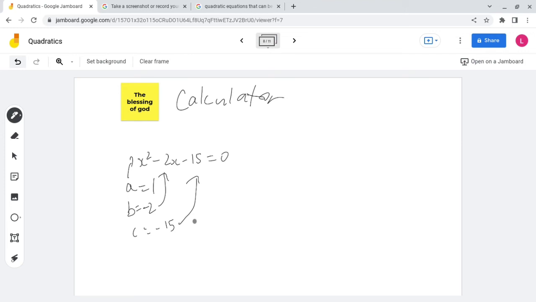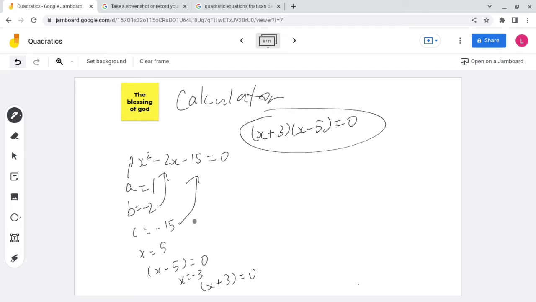Now, if you could do some reverse calculation, you'll realize that x equals 5, doesn't that mean that x minus 5 equals 0? And x equals negative 3, doesn't that mean that x plus 3 equals 0? So, doesn't it add up that x plus 3 times x minus 5 equals 0? That is a factorized form of this equation.